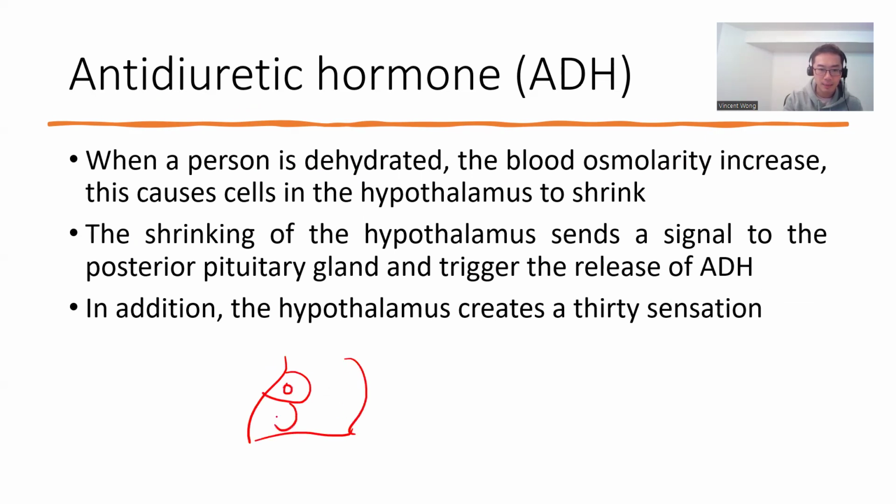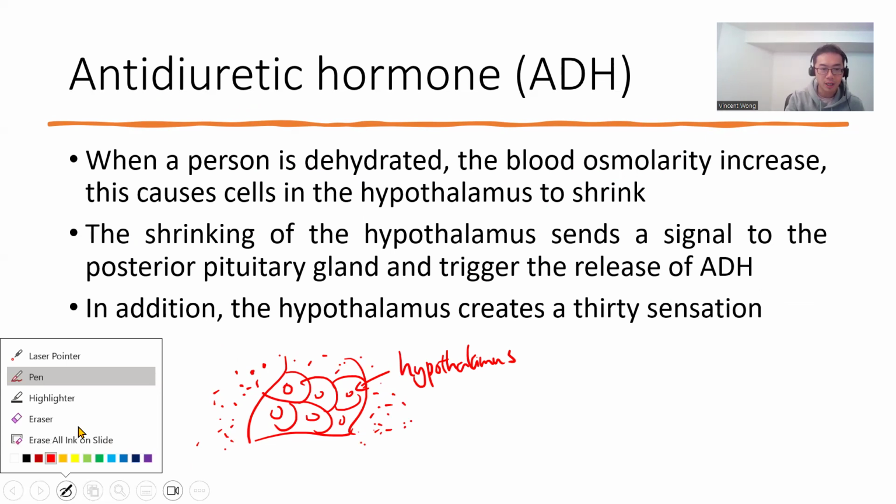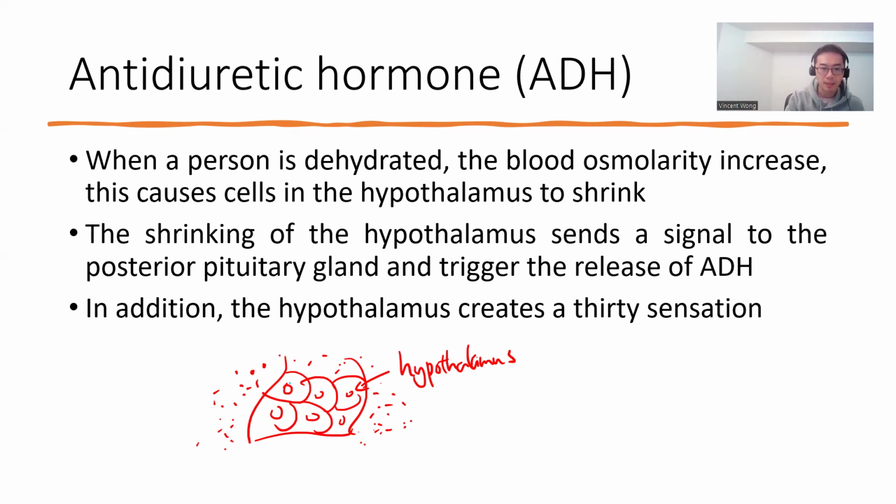These are cells in the hypothalamus. You don't have to draw this. And you have all this fluid in the surrounding. If the blood osmolarity is high, that means there are a lot of dots outside. And I taught you this last semester: in a hypertonic environment, water will leave the cells.